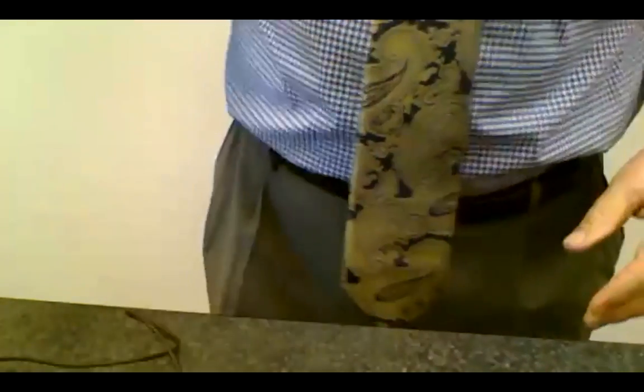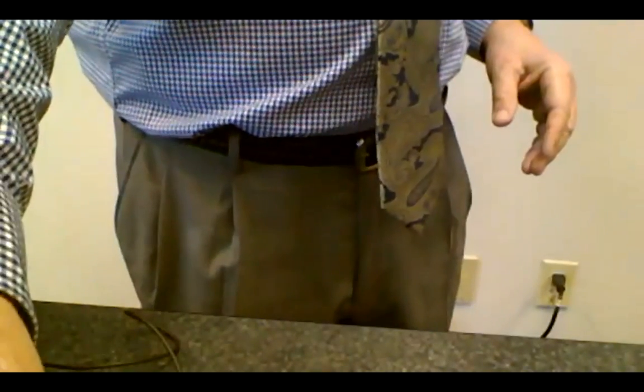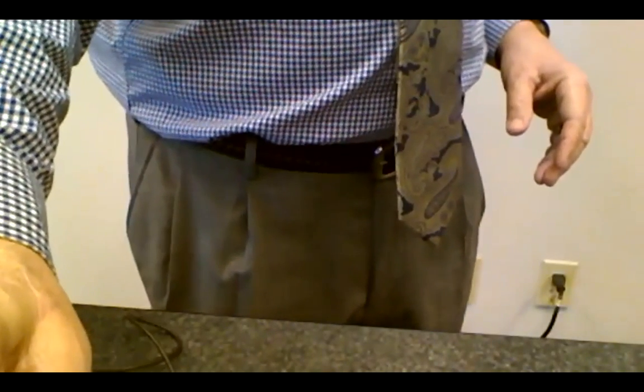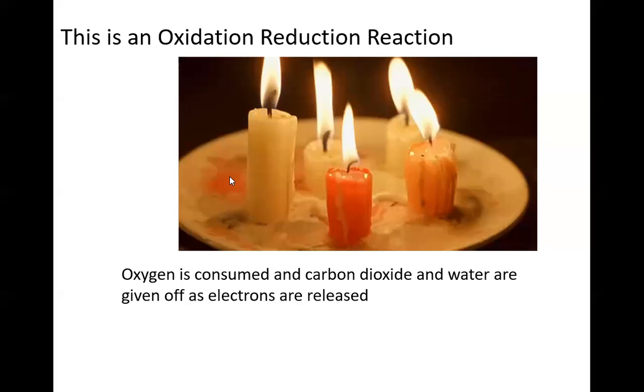Now, why did the candle go out? Well, the typical answer would be to say it went out because it used up all the oxygen, but that's not true. The reason that the candle went out is because carbon dioxide was generated and displaced the oxygen around the flame.